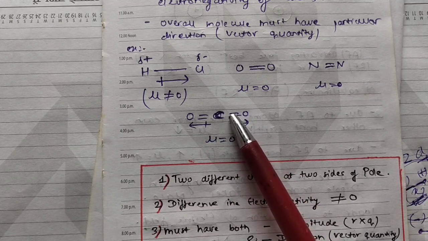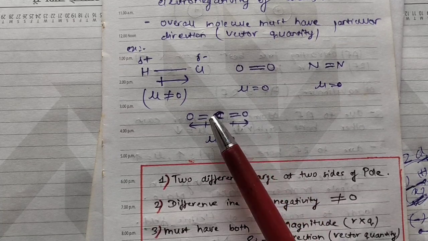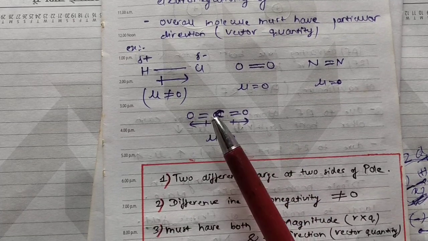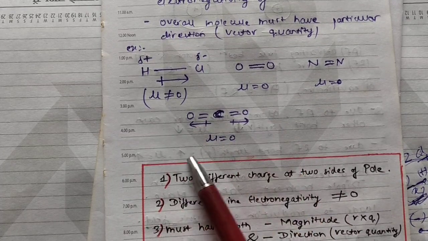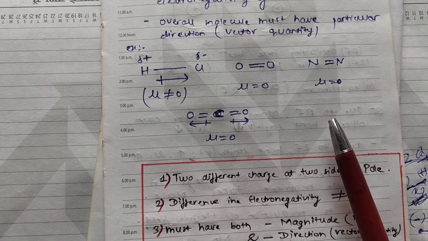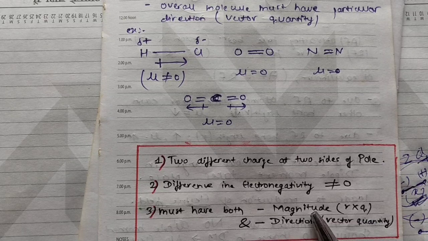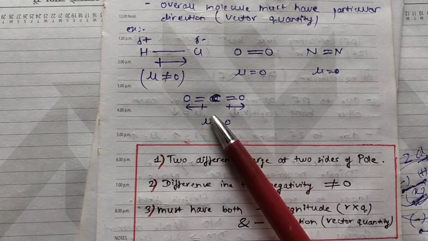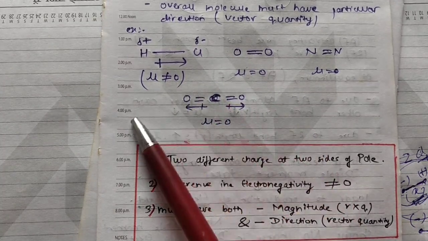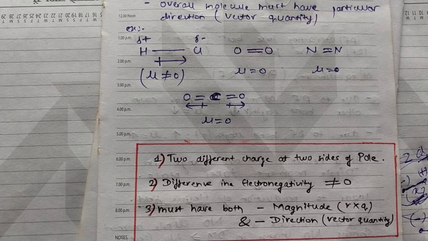Because of these opposite directions, they cancel each other, and the overall molecule has no direction. So the magnitude alone is not enough to define the dipole moment; there must be some direction also. Because of no direction, carbon dioxide has no dipole moment. So for a dipole moment to occur, there must be both magnitude as well as direction.